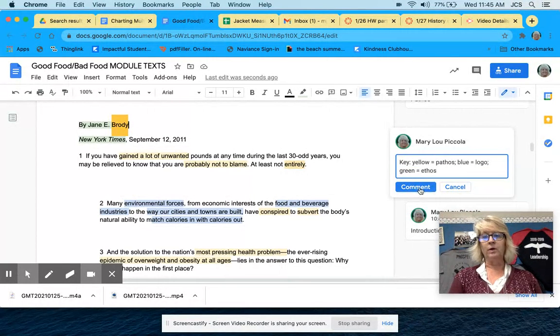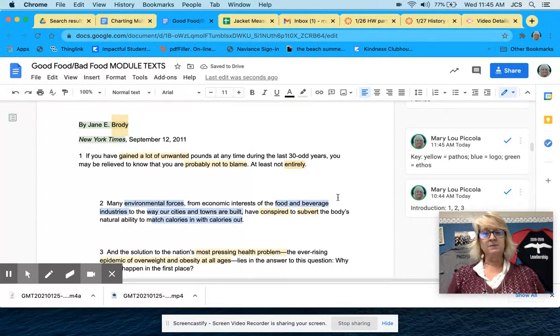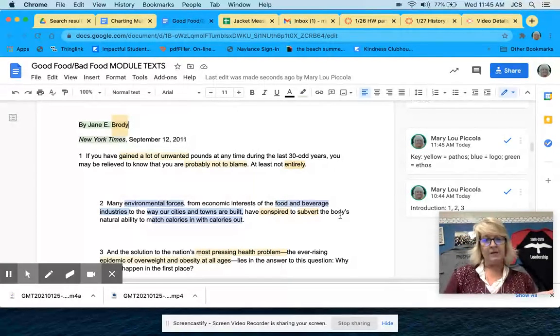Because remember, we want to make sure that we can identify these elements. A lot of times my logos, the blue, is going to show me that this particular person is credible because this is the data that she's giving.